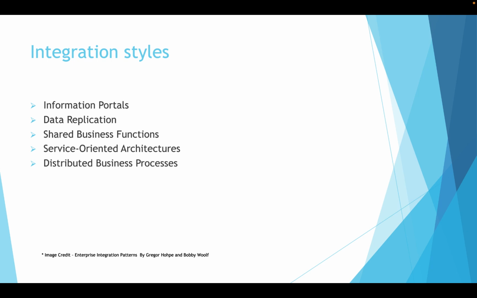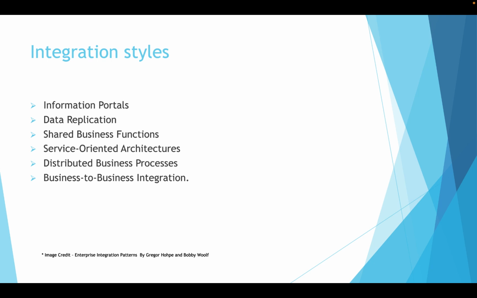Then we have B2B integration, or business to business integration. In this scenario, we securely exchange data with external partners such as suppliers or distributors. So these are the main 6 styles identified by Gregor and Bobby's.